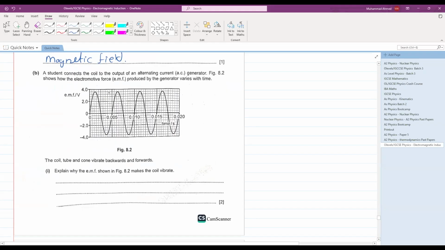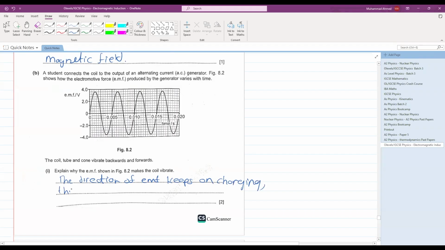Okay, so the EMF is what? Sometimes in the positive, sometimes in the negative direction. This causes the coil to move forwards and backwards, causes it to vibrate. The direction of EMF keeps on changing.